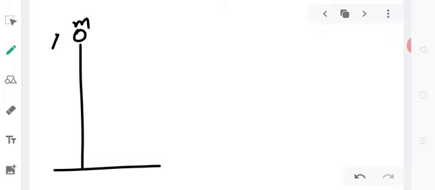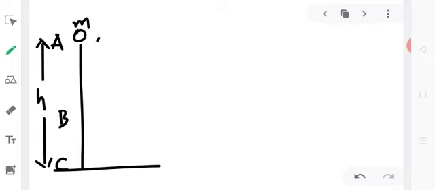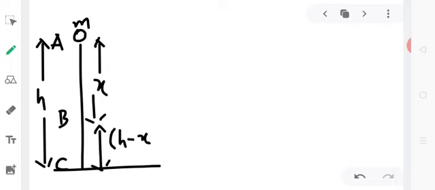So we will be considering three positions A, B and C. So the total height is given by h from the ground. Let the distance between A and B be x. Obviously B to C will be h minus x.